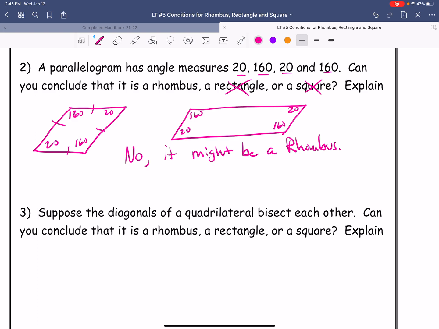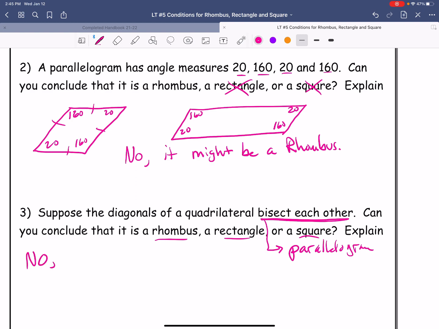Down here, suppose the diagonals of a quadrilateral bisect each other. Now, bisecting diagonals is a property that goes with a parallelogram. So any parallelogram has diagonals bisecting each other. All 3 of these have diagonals that bisect each other. So can we conclude that it's a rhombus, rectangle, or square?